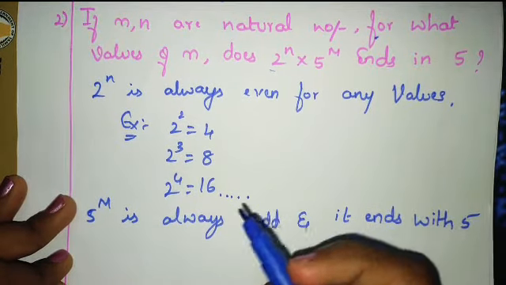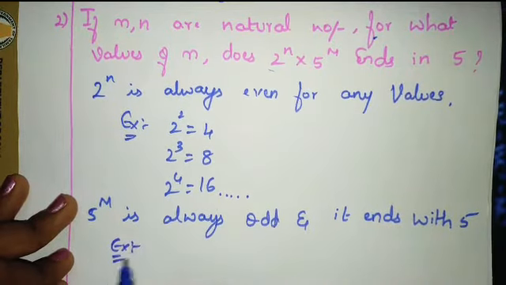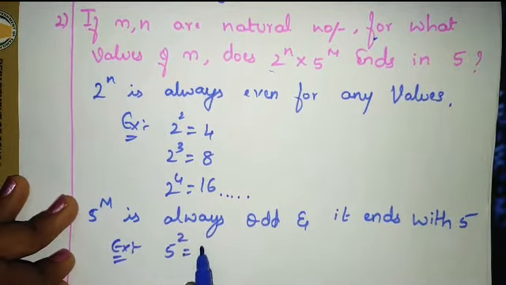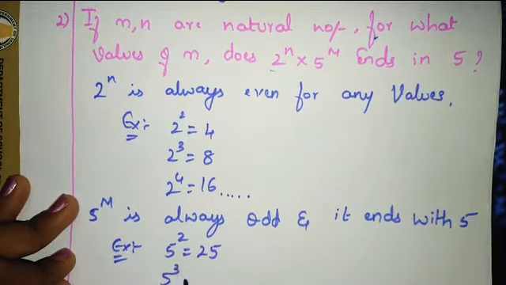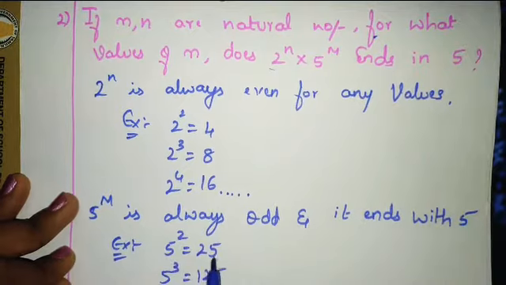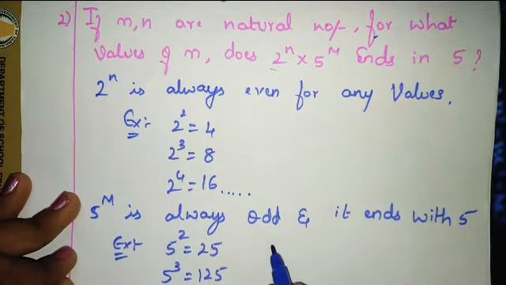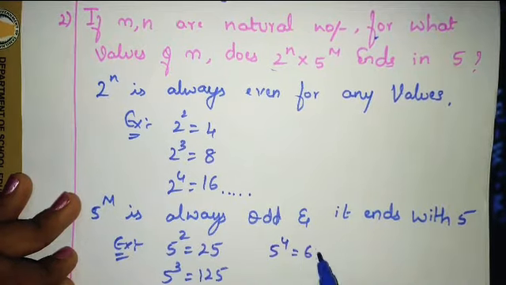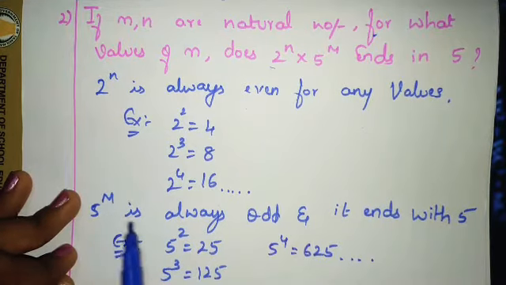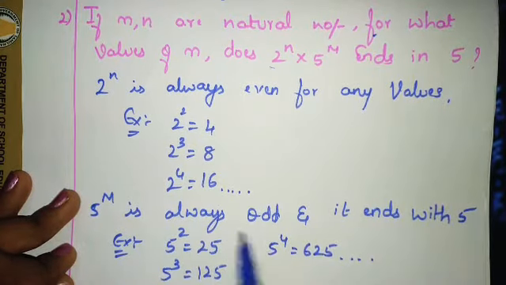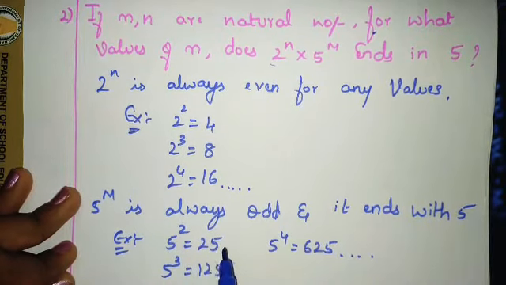Suppose for example, 5 square is 25. Correct? Next, 5 cube is 125. See, it is an odd number and ends with 5 only. One more example, 5 power 4 is 625. Like this it goes on. So 5 power m is always an odd number, and it ends with 5. Okay.